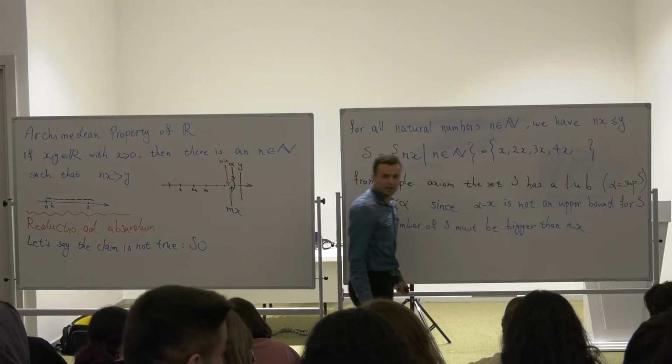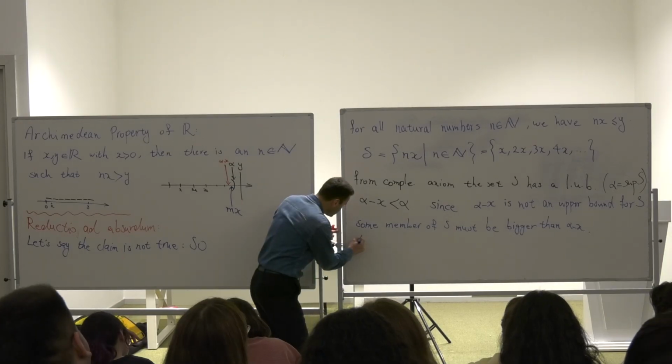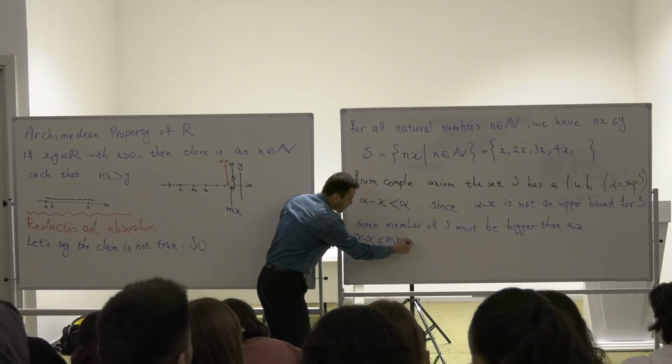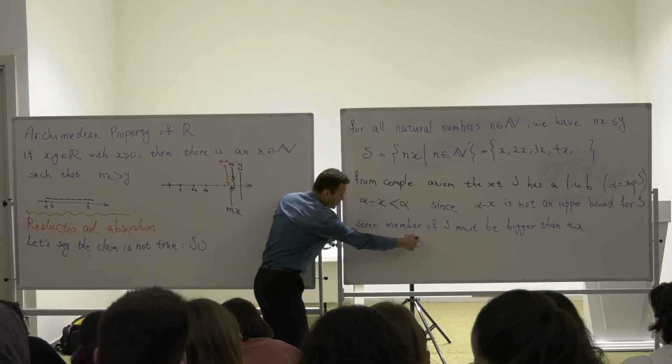Which means that we have a natural number m such that alpha minus x is less than or equal to mx, which is less than alpha. I don't need that part.